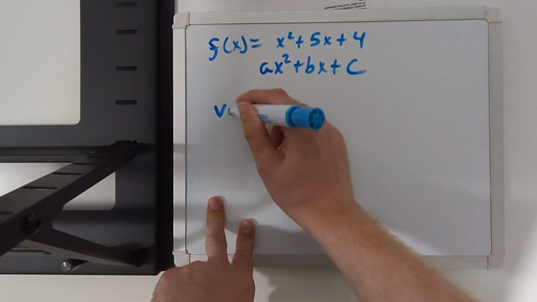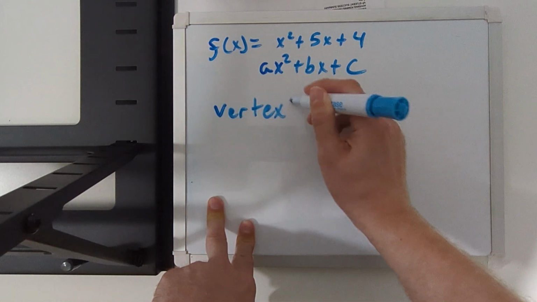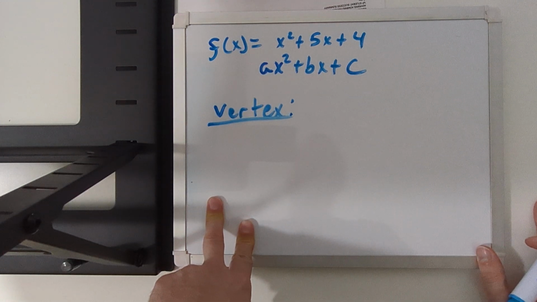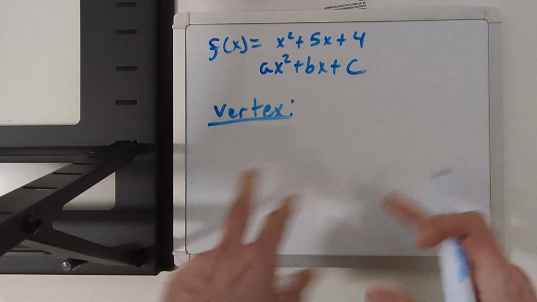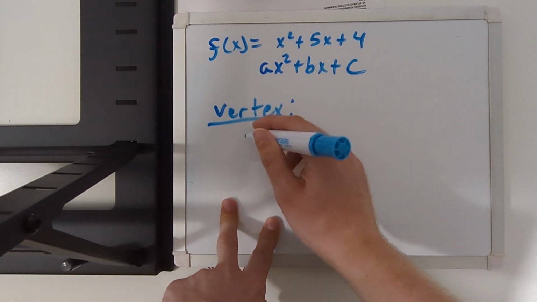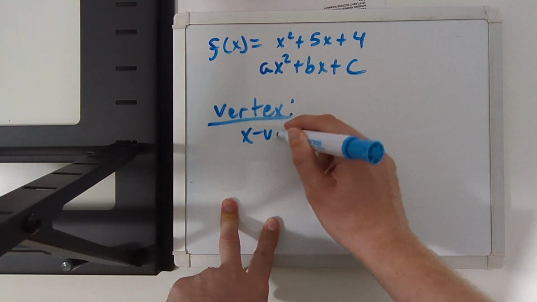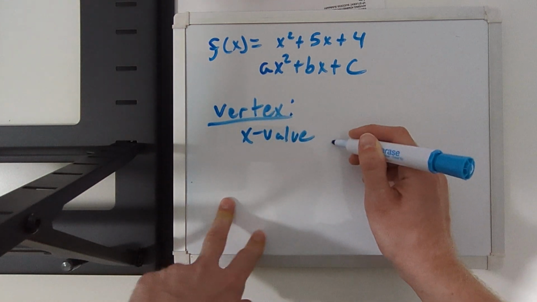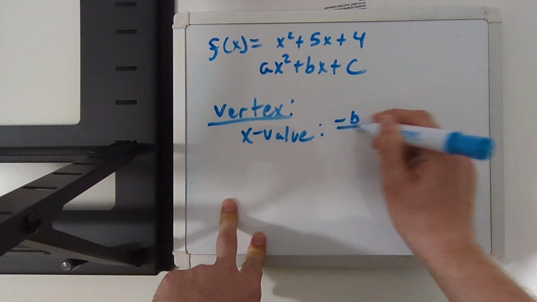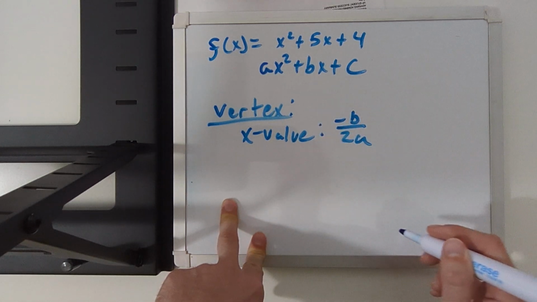So vertex method number one. To get the vertex of this graph, there is a known formula, and it comes from the quadratic formula, which you'll see here in a little bit as well. The x value for the vertex of a quadratic is negative b over 2a.